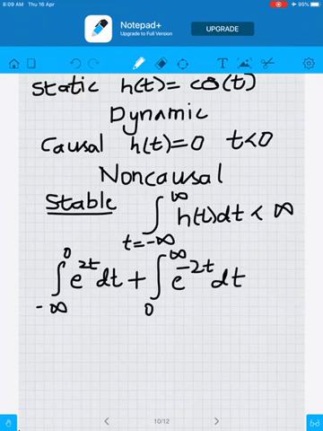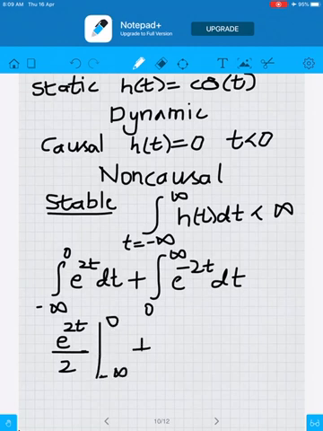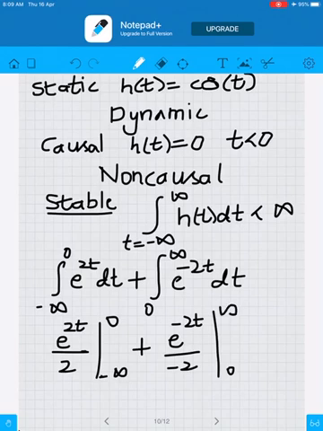Now evaluating this integral, it is a simple integral: e power 2t by 2 from minus infinity to 0, plus e power minus 2t by minus 2 within the limit 0 to infinity.